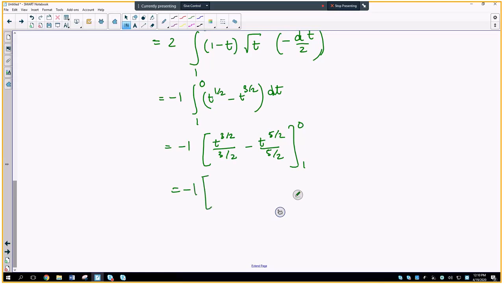See, putting t equal to 0 will not change anything, so I'm going to ignore that limit. I'm going to put in t equal to 1. But remember, you need a minus in front of that, and then you're going to write the limits. So you get 1 to the power 3/2 over 3/2 minus 1 to the power 5/2 over 5/2.